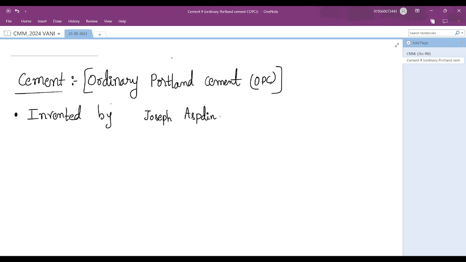So cement is an artificial building material. Building material, or you can say construction material.